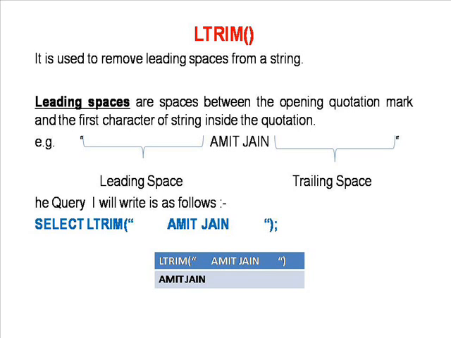Now I want to remove the leading spaces, the query that I will give is as follows. Select LTrim in brackets, quotation and 4-5 spaces after the quotation and the name Amit Jain, quotation closed, bracket closed, semicolon. As we have asked LTrim to remove the leading spaces, the output will display Amit Jain after removing the leading spaces, that are the spaces before the string.